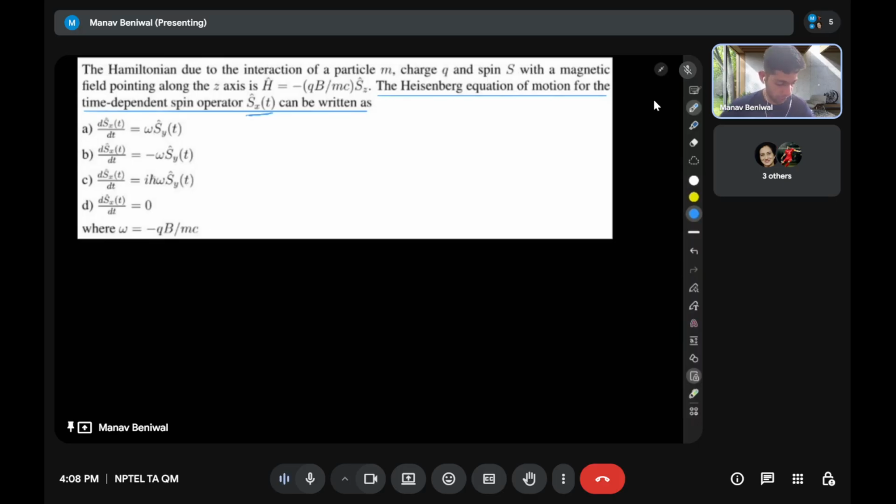And what are we given? We are given one Hamiltonian due to interaction of a particle of mass m, charge q, and spin s with a magnetic field along the z axis. So this is our Hamiltonian. Let me write it down. It is minus qB by mc S of z.